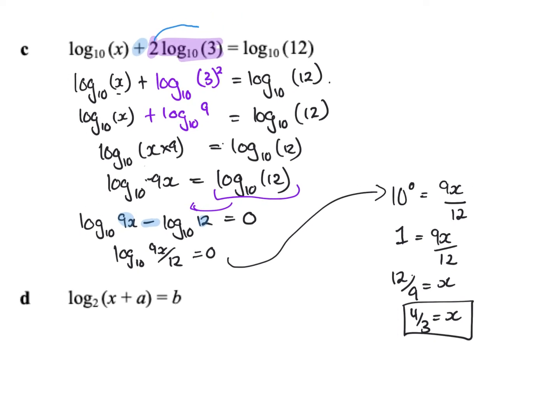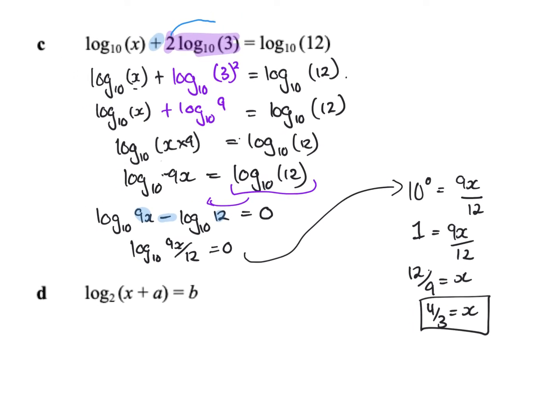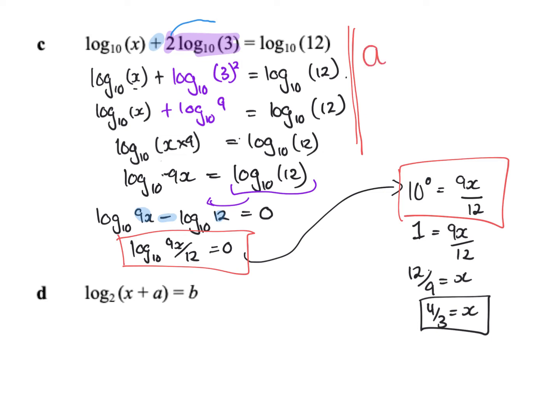Yeah? Where you went 10 to the power of 0, I just got confused. Okay, so that bit here, where I've converted that to that, is actually a rule. You would have written in your notes, or seen early on, that a to the power of x equals b can also be written as log a b equals x.